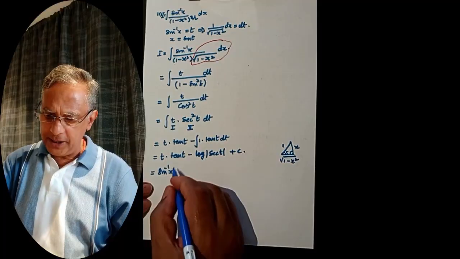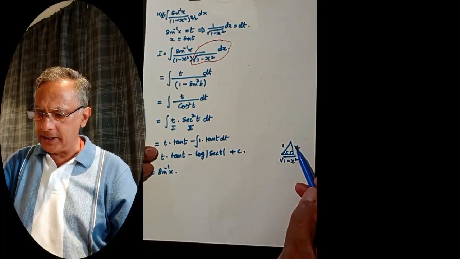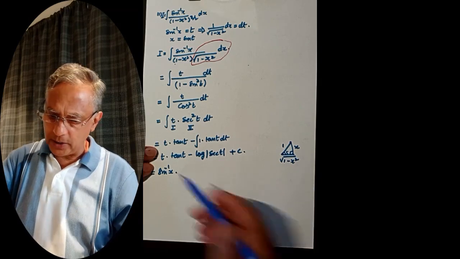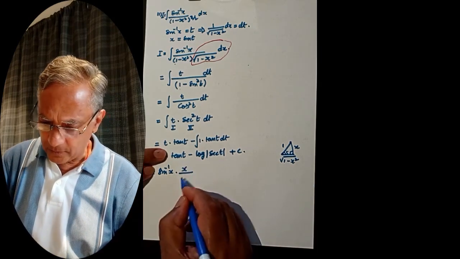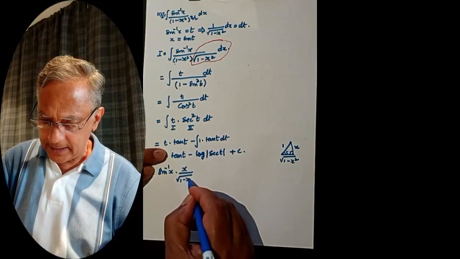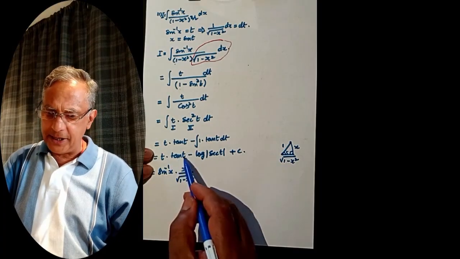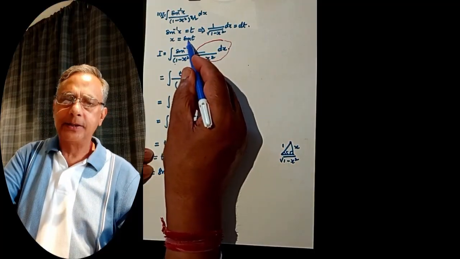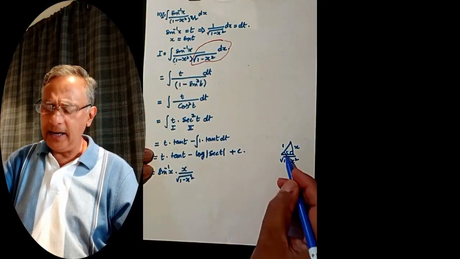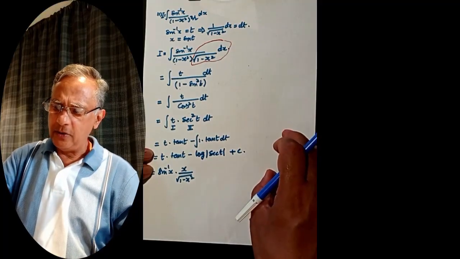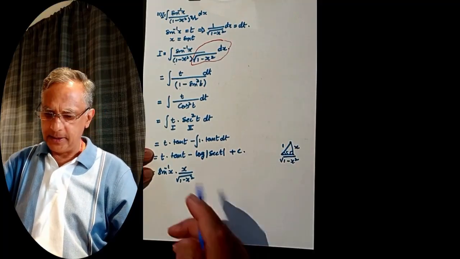Now tangent of t will be this upon this, perpendicular over base. So x over under root 1 minus x square. This is an easy method to express tangent t in terms of sine t. Make a triangle, and instead of remembering the formulae, we can use this method.